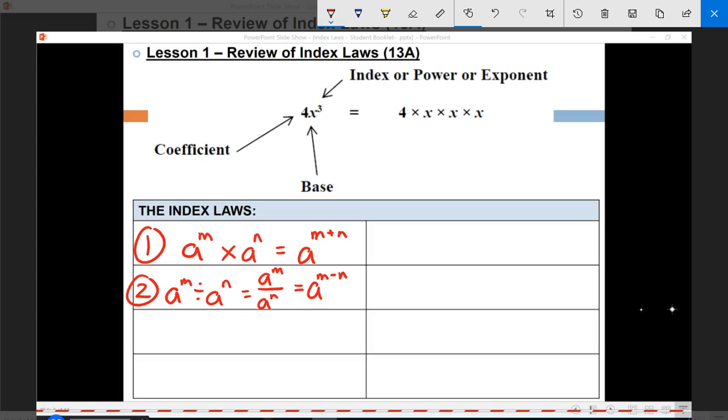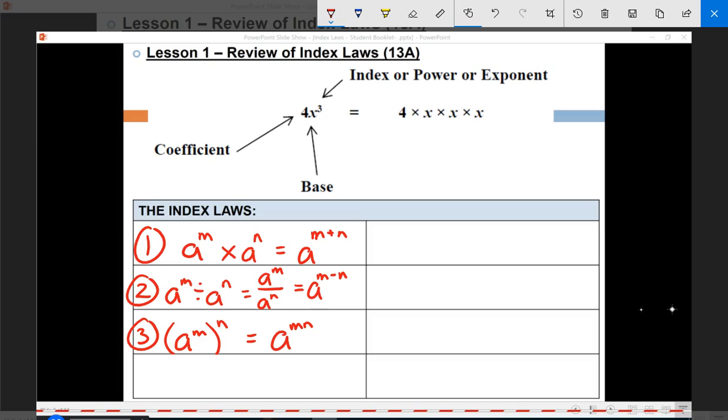Now, third one. If I have a to the m and I raise it to the power of n, this equals a to the m times n. So if I have x squared cubed, that's going to give me x to the 6.